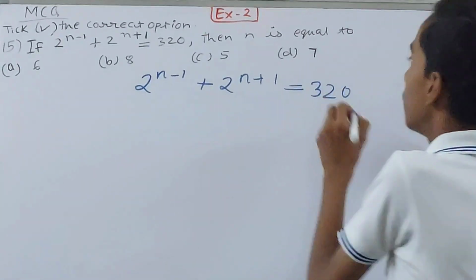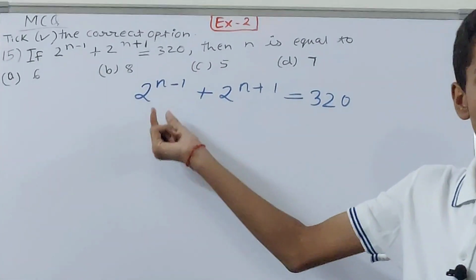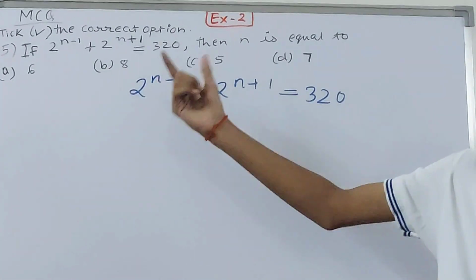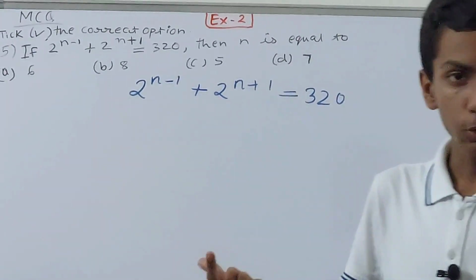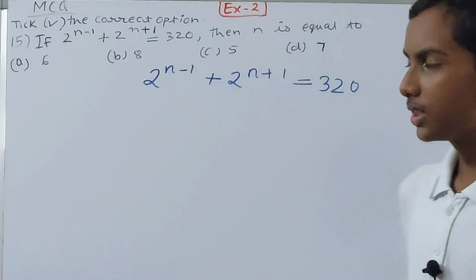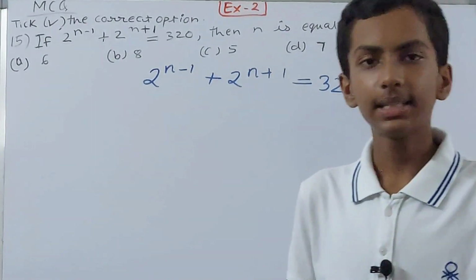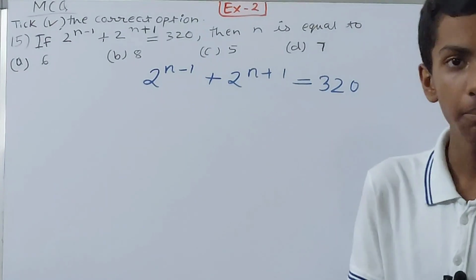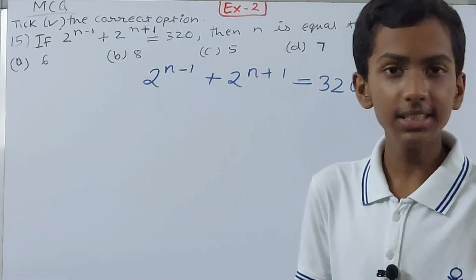Now in this, what all can you see? You can see that one 2 has power n minus 1, and the other 2 has power n plus 1. If I use the rule that tells us to make the bases same, can I make all the bases 2?